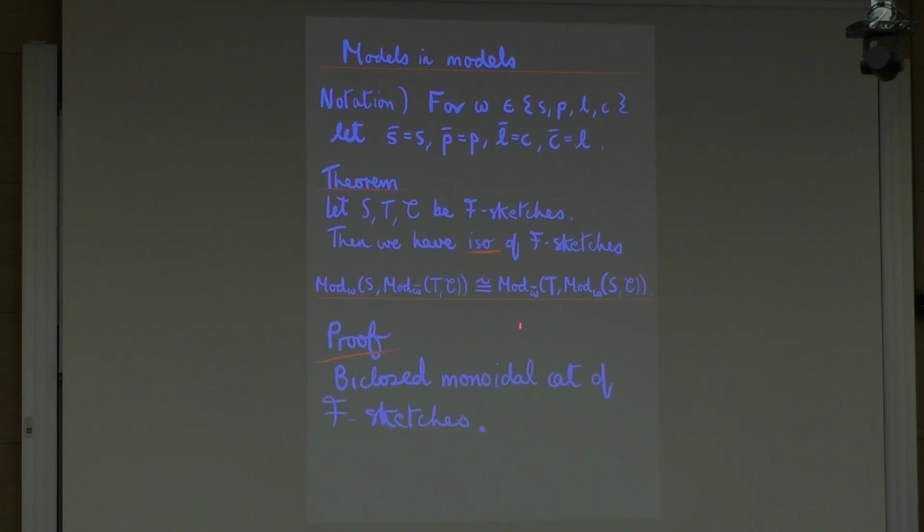The point is, there's even a biclosed monoidal category of F-sketches extending the Gray tensor product. Actually, it's more sensible just to think of it as a multicategory, because the tensor product isn't too important. And then this is just the standard isomorphism between the left and right internal homs in a biclosed multicategory or biclosed monoidal category.